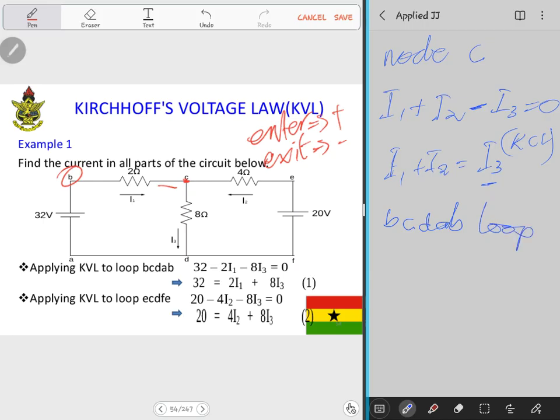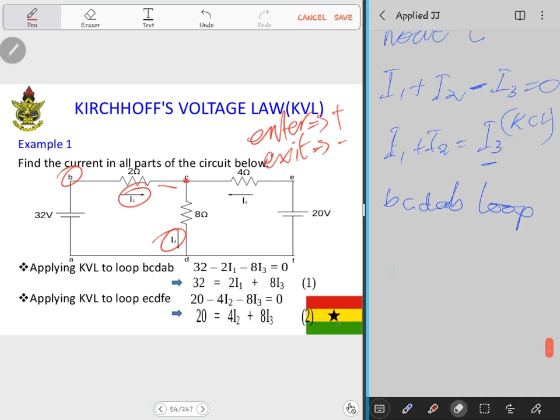If I choose this loop, now I can look at these two and then create some equation to help us, because we have three. Then again, let's revise our math. Whenever you have three unknown variables, you need three equations, right? This is just by the way.